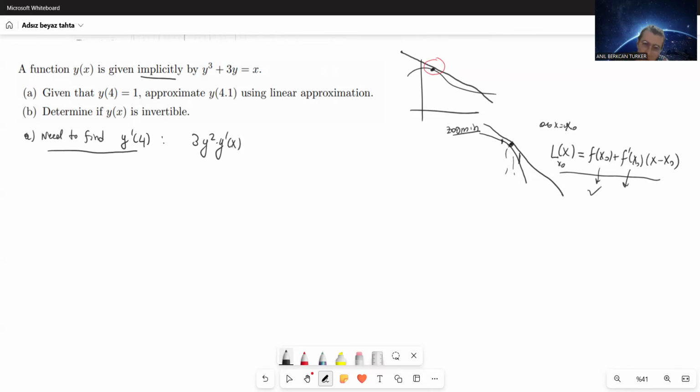There's also x, but we don't usually write it, but let me put it. Plus, what is the derivative of 3y? It is just 3y prime, which is equal to the derivative with respect to x. So I'm taking the derivative with respect to x of both sides.